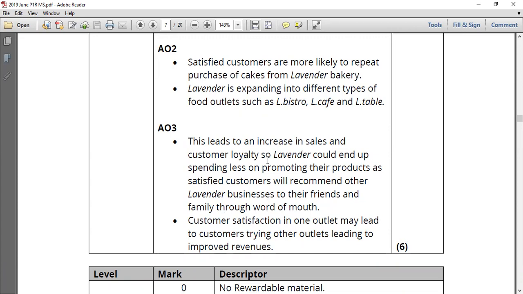High customer loyalty: loyal customers promote the business. How do they promote the business? To their friends and family members through word of mouth or social media. And also, by having different restaurants like El Bistro, El Cafe, El Table, what is the advantage? Look at the advantage: customer satisfaction in one outlet may lead to customers trying other outlets as well, leading to improved revenue. So one customer who is satisfied with one restaurant will visit another restaurant as well.